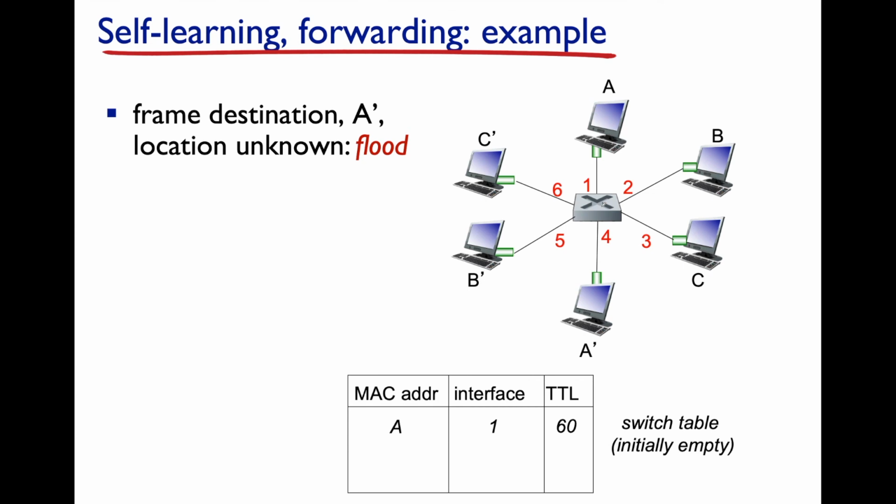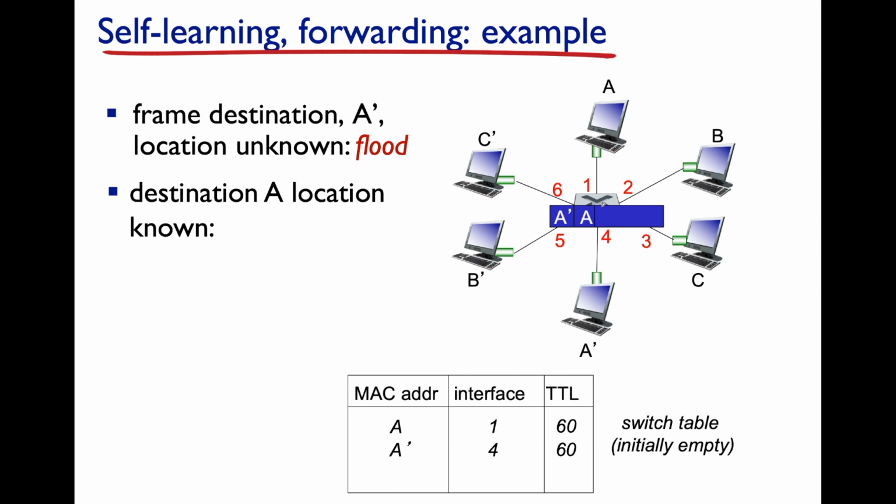Then, at some point, A prime is going to send back a response to A. When A prime sends it into the switch, the switch records, okay, I got this from source address A prime, and it came in on interface 4. So it writes down that interface 4 is where I can find the MAC address for host A prime, and it puts a time to live, an expiration date, on that.